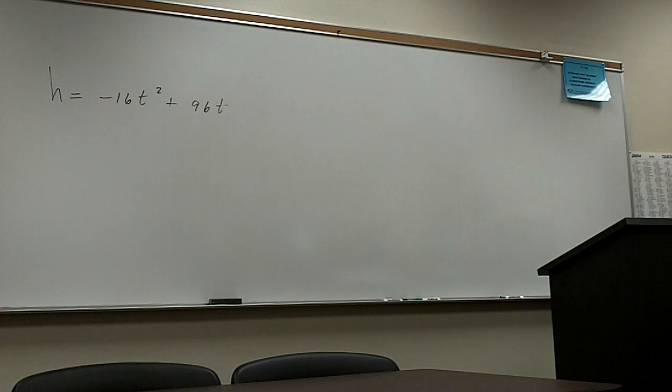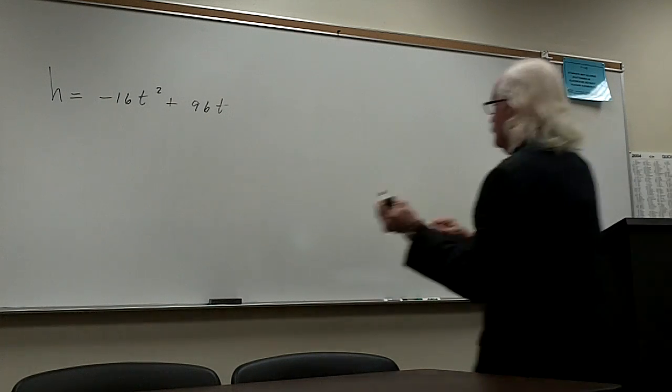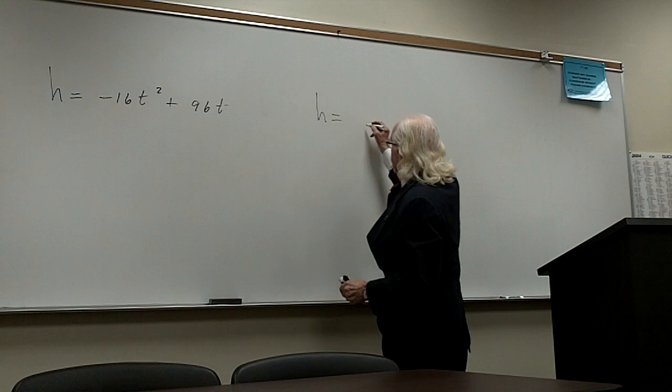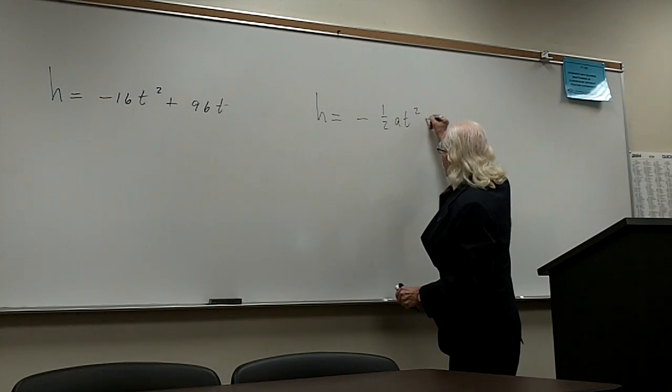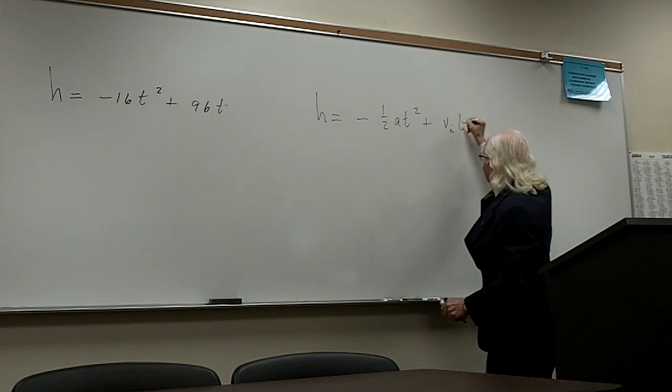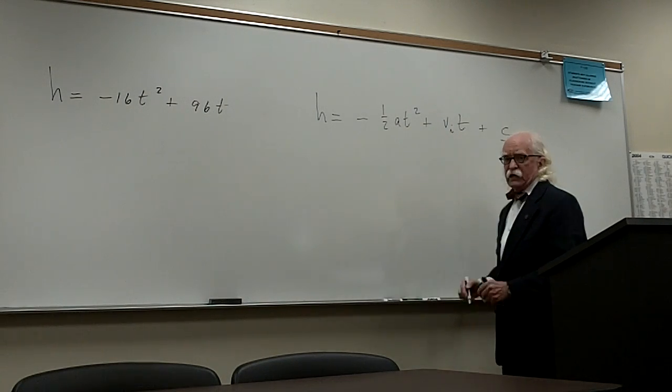Why is that? Because the equation is cut in stone and you have no control over it. The height is equal to minus 1/2 a t squared plus v sub i t plus some constant c.